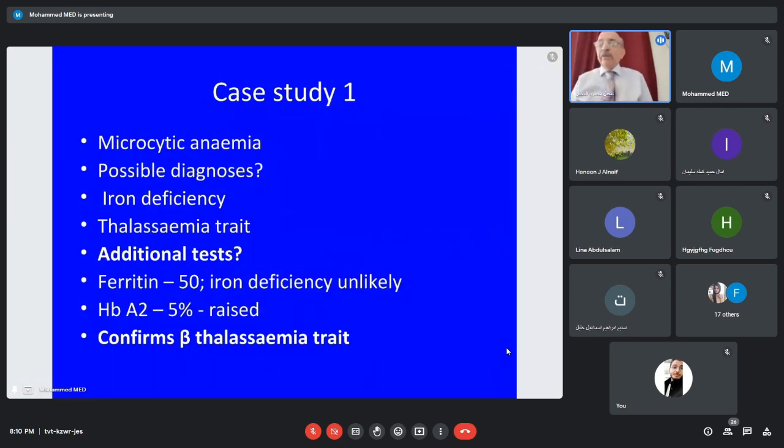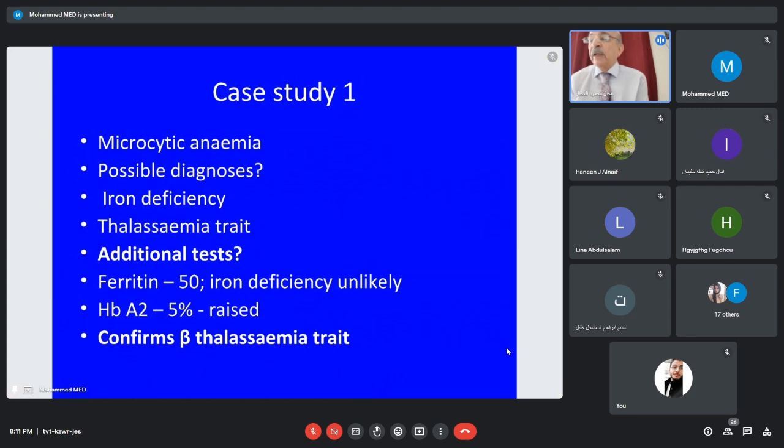Of course, the serum ferritin is an acute phase protein, and if there is an inflammatory process, the ferritin may go up. And if there is a protein deficiency, it may go down. But for practical reasons, the serum ferritin is a very good predictor of the status of iron deficiency. So in this patient, the ferritin is normal.